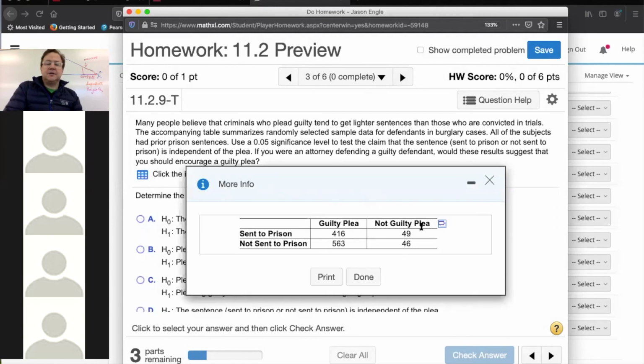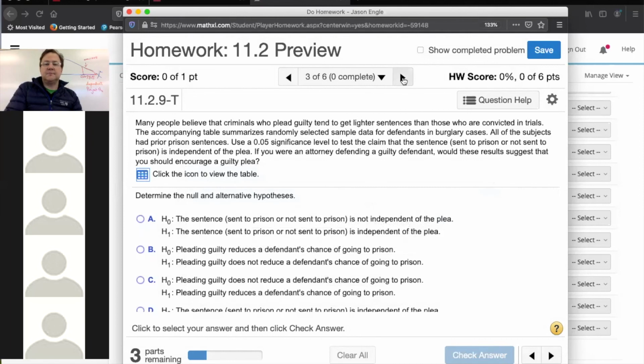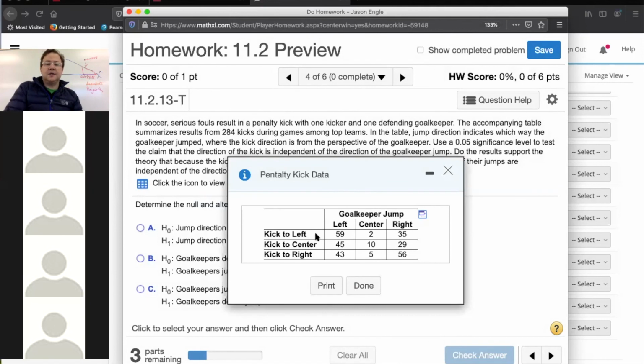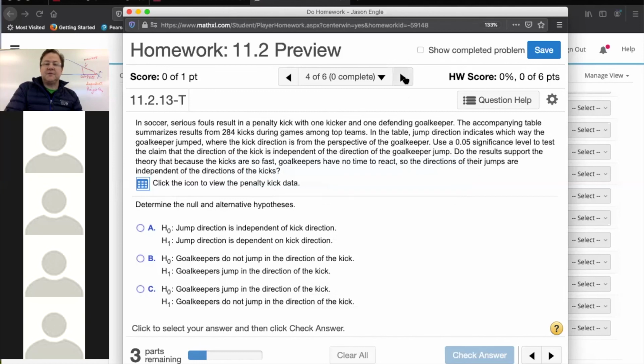Guilty plea, not guilty. Does your plea make a difference as to whether you're sent to prison or not? Is it dependent or independent? Soccer, if you kick left, center, right, and the goalkeeper jumps left, center, right, are these independent or dependent? So you can kind of see a theme there, right?